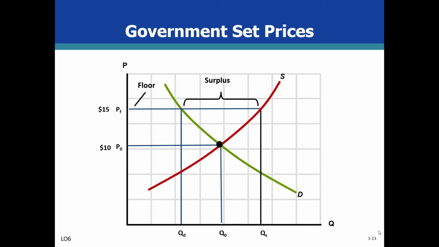What does this look like graphically? We can see the market clearing price of $10 per hour. Quantity is QO, price is PO at $10. By setting the floor, meaning cannot go below, by setting the floor at $15 an hour, we have a labor surplus at QS.